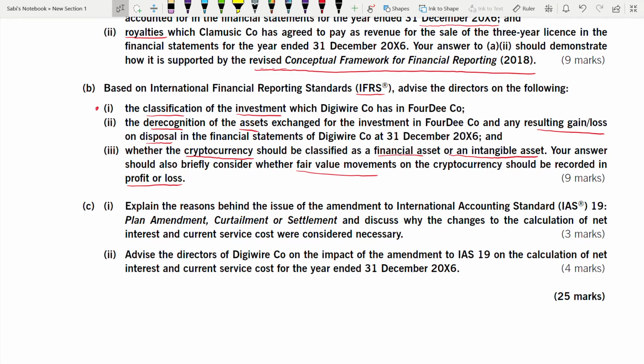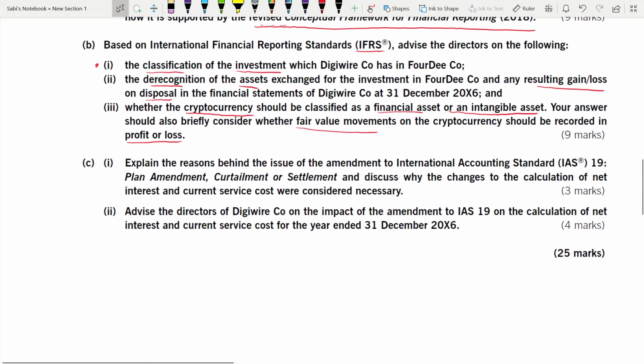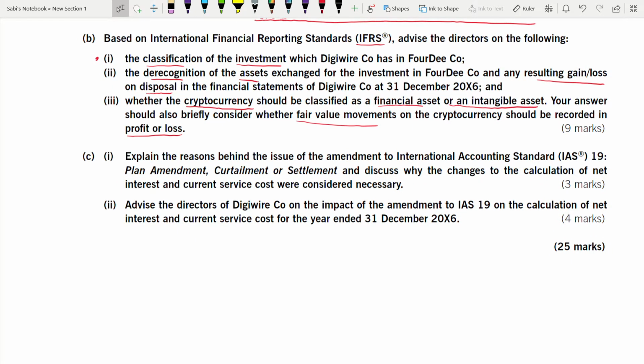9 marks. C. First part of C. Explain the reasons behind the issue of the amendment to IAS 19. Okay. Understand the question properly. They told explain the reasons behind the issue of the amendment. That means this IAS has been amended.